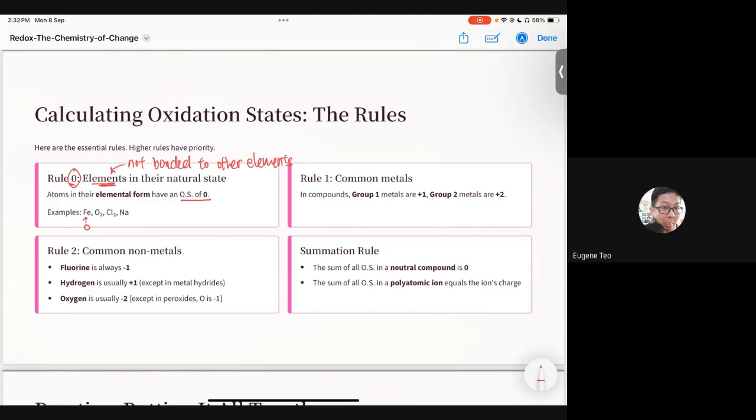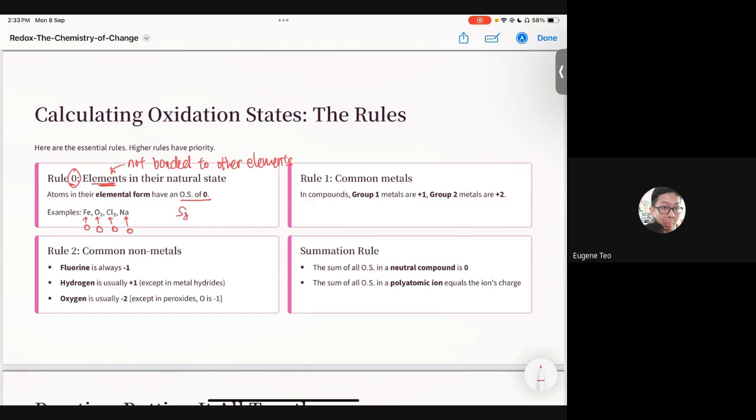Oxygen, O2. Although O is bonded to O, it is not bonded to other elements. It is still bonded to itself, right? So each oxygen, oxidation state is 0. Next one, the chlorine here, oxidation state is 0. Sodium here, 0. So as long as the elements are in the elemental form, the oxidation state will be 0.